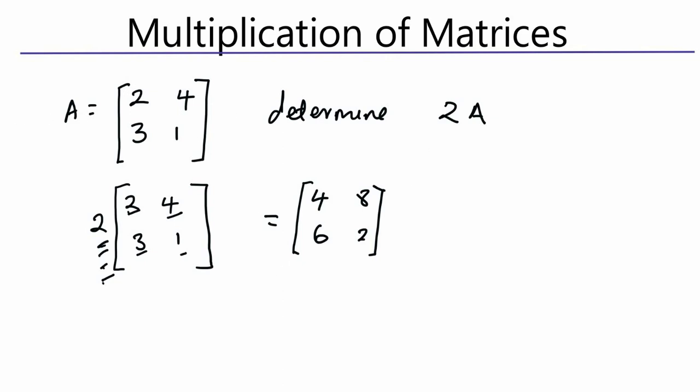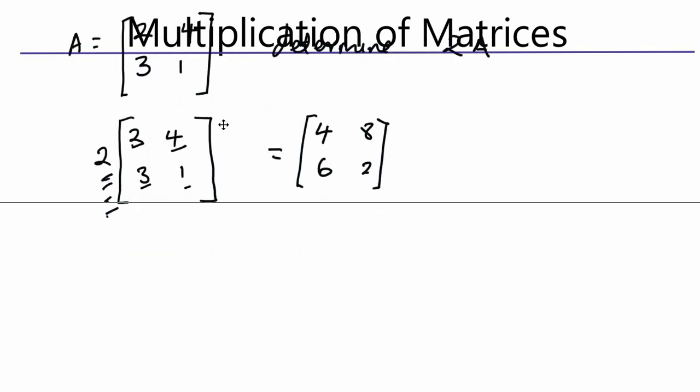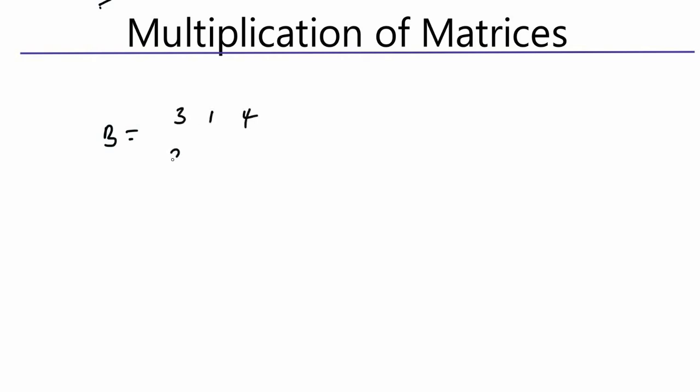Another example. You are told that you have the matrix B, which is 3, 1, 4, 2, 1, 2.